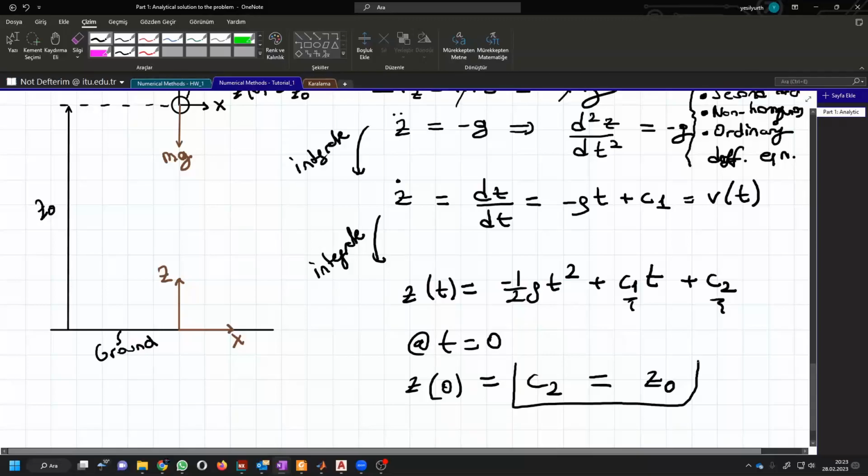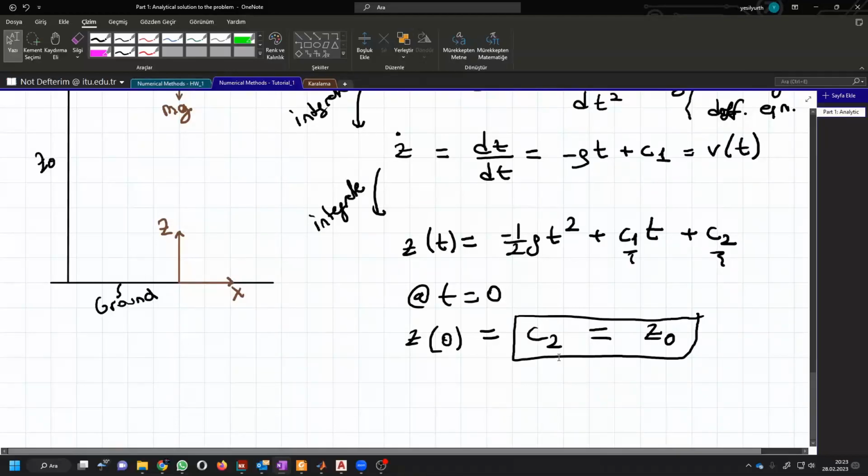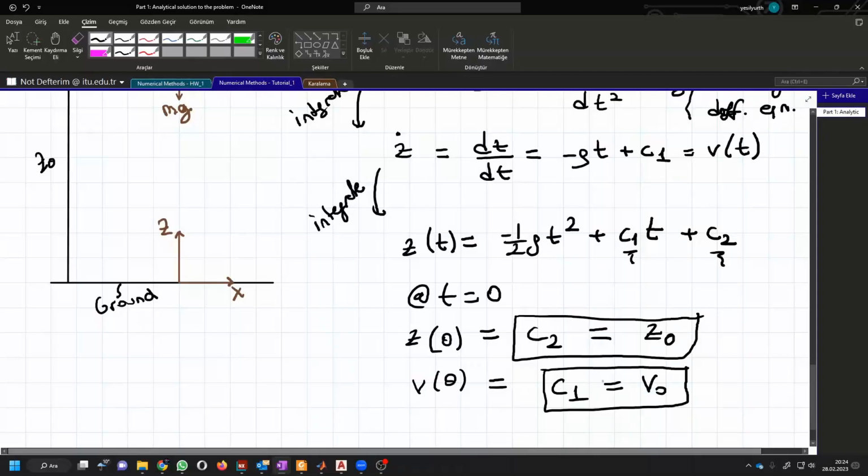So I have already found the second integration constant using this. At t equals 0, we will have v0 equal to 0 plus c1, which is already given in the question as v0. So I have calculated both integration constants using these initial conditions.